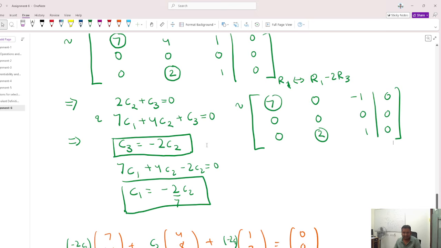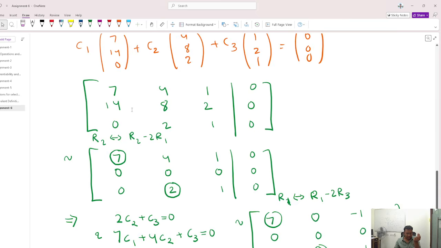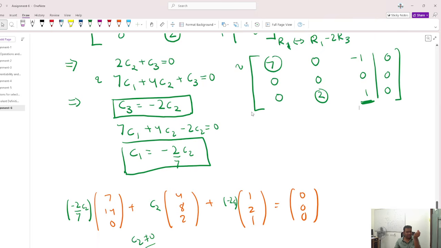Perform one more operation. What you are seeing from here is that this particular column you can write as a linear combination of the first two columns, right? So the third depends upon the first two columns. But the first two columns are independent. So from here you can conclude these first two vectors are linearly independent. And you can separately check also.